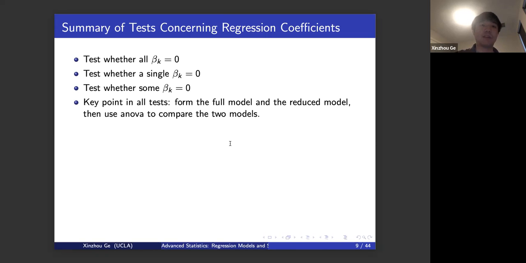And I have also shown how we can test whether some of the coefficients are equal to 0. The key point in all tests is that we want to form the full model and the reduced model: the model with all the predictors, and the reduced model without the predictors that we want to test. Then we can use ANOVA to compare these two models.